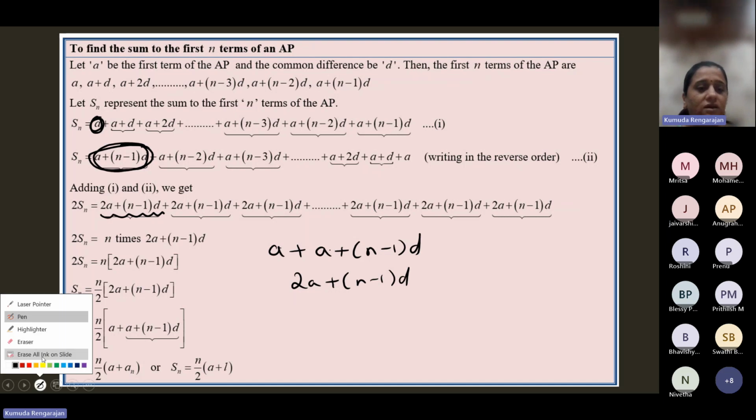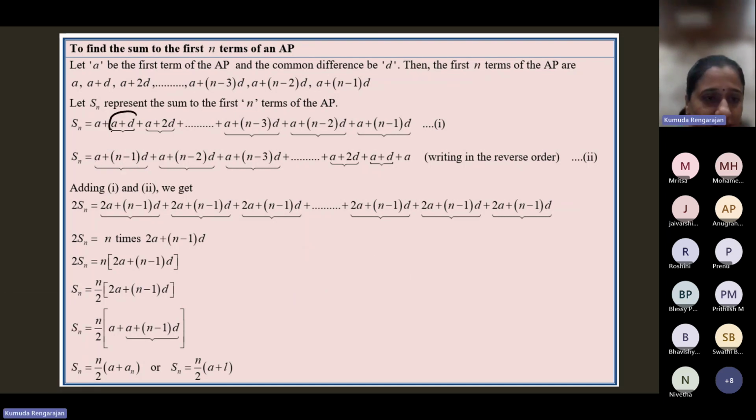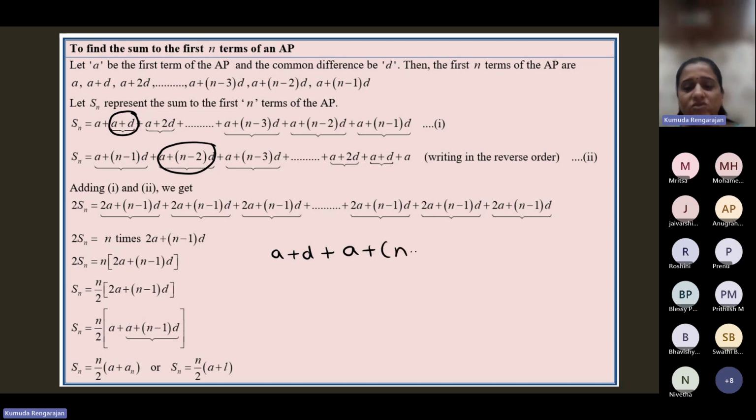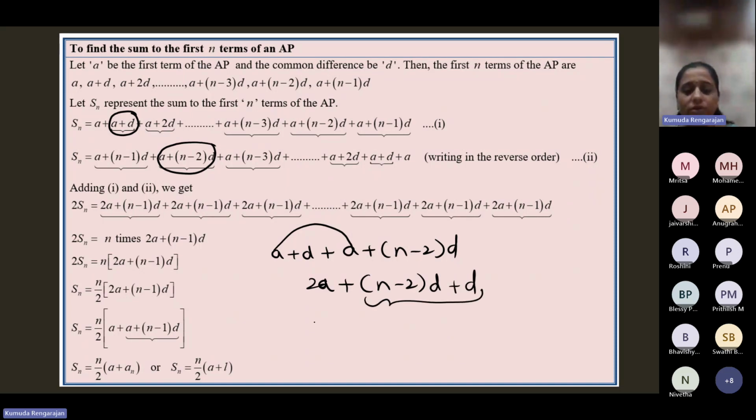Okay. Then add the second term here and the second term here. So a plus d plus a plus n minus 2 into d. Add these two. A plus a, 2a, plus n minus 2 into d plus d, no? So take d common.